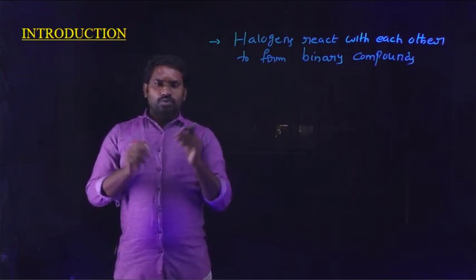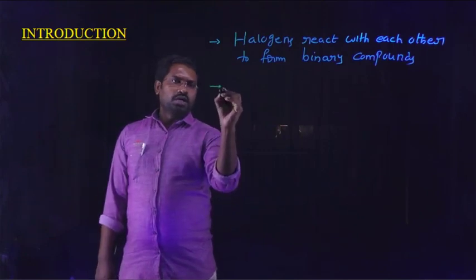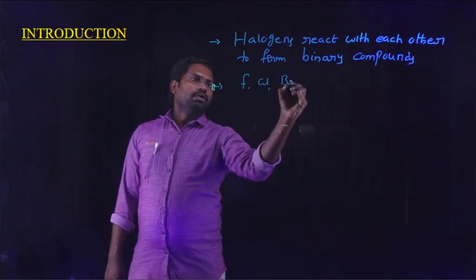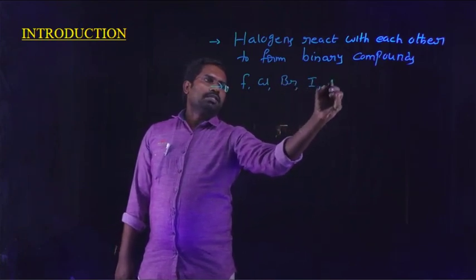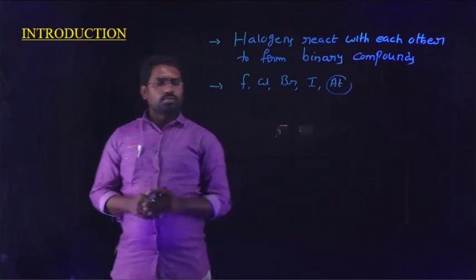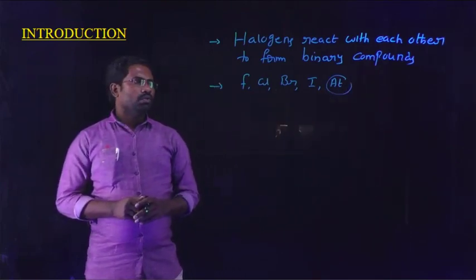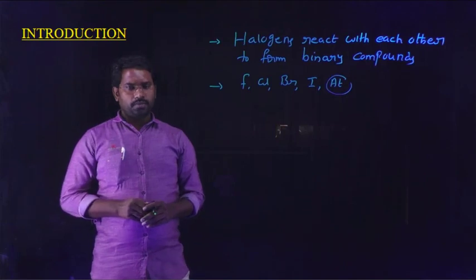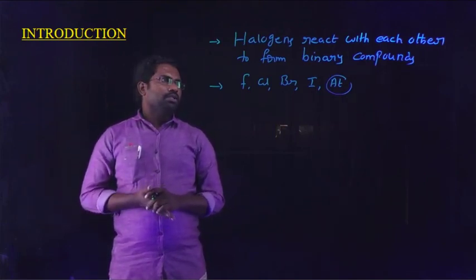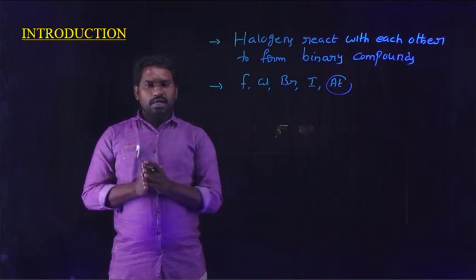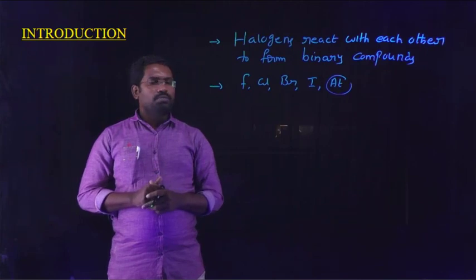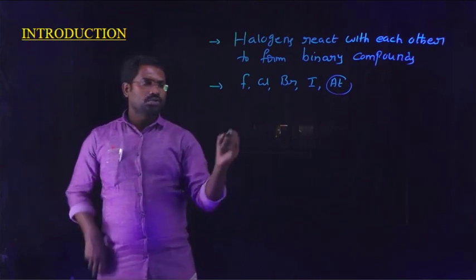We know very well what the halogens are: fluorine, chlorine, bromine, iodine, and astatine. Astatine is radioactive in nature, so these four are the more important halogens: fluorine, chlorine, bromine, and iodine. Halogens react among themselves to form new compounds known as interhalogen compounds.